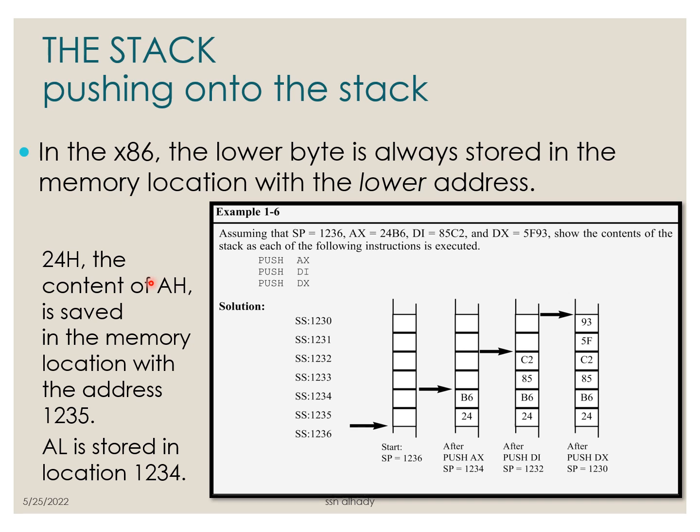And AL, the lower byte, is at 1234. AL is the lower, and AH is the higher. So the higher is 35, and the lower is 34.